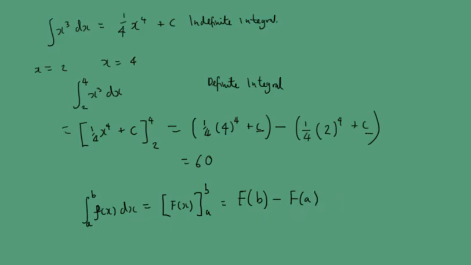Now we have some general rules. The definite integral between a and b, if there's a constant times f of x dx, like we did previously, we can take the constant out and then integrate the function f of x.